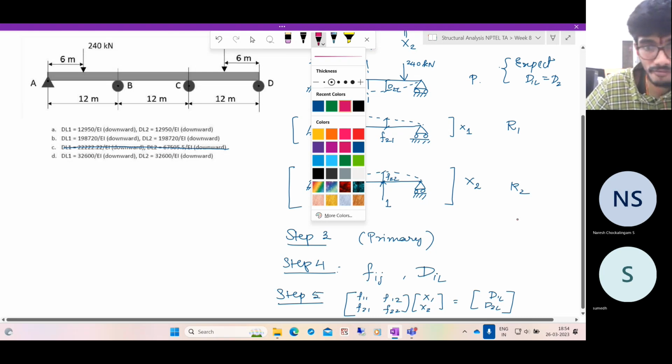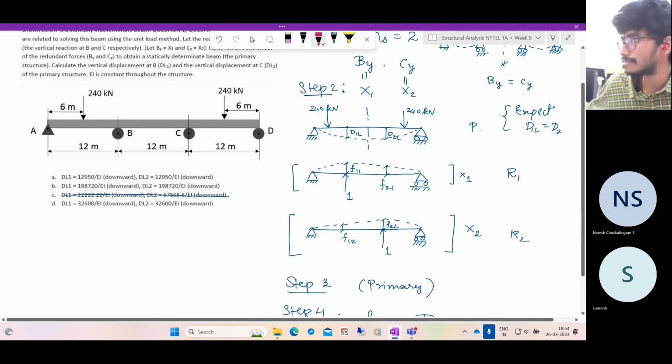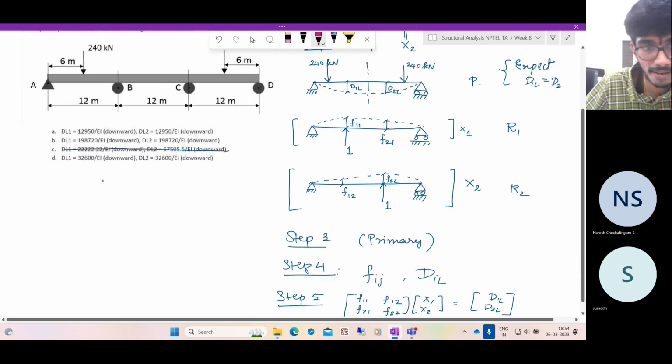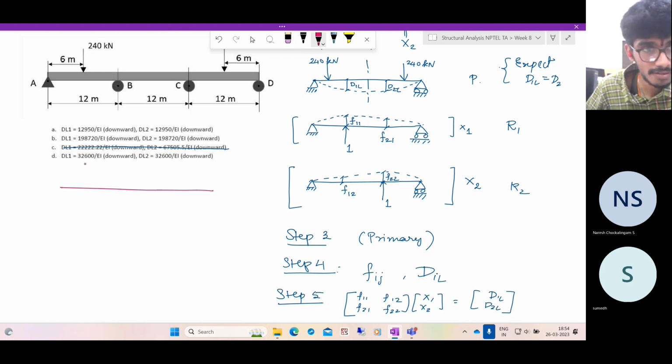What is the bending moment diagram for this? Since you're all very much practiced in this aspect, it is nothing but, so we have two forces, 240, 240 here. So the reactions will also be 240 and 240. So the real bending moment diagram will be, this is a reaction 240, it acts at 6 meters. So here it is linear, here also it is linear. And as we move away, what is the bending moment? There is no shear force, the shear force is 0, so it has to be flat. What is the magnitude?